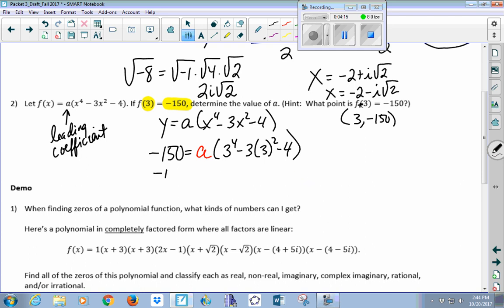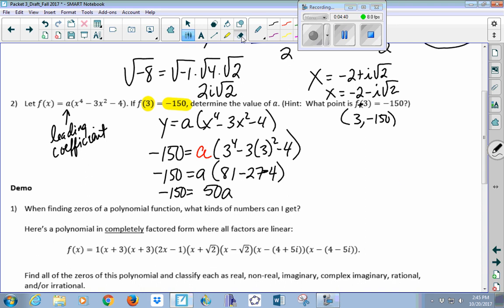So this gives us negative 150 equals a times 81 minus 3 times 9 is 27 minus 4. That's negative 150 equals a times 81 take away 27 take away 4. All right, so that's 50a.